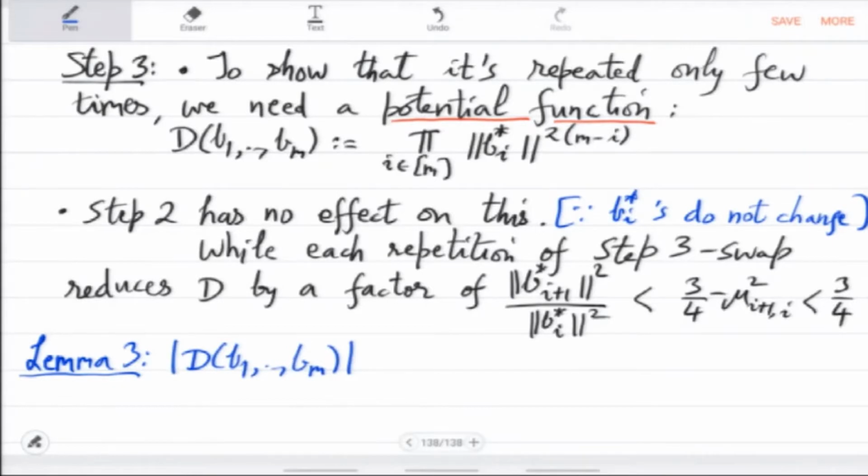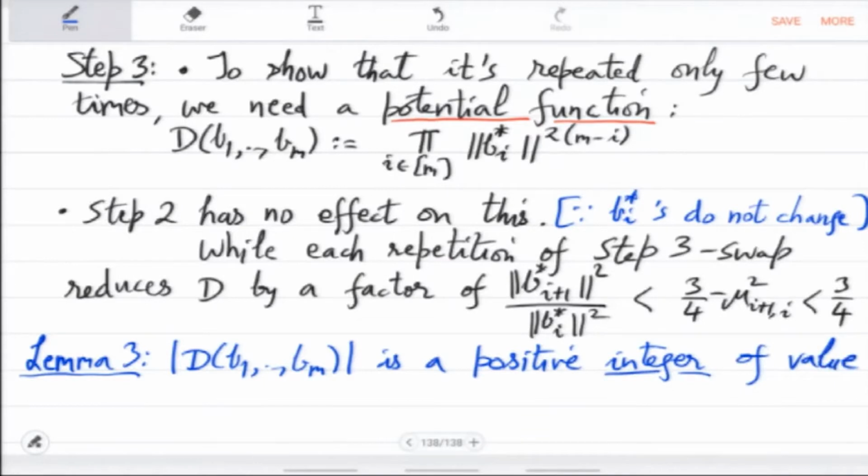The magnitude of D is a positive integer of value less than 2 raised to O tilde n raised to 5L. Okay, n was the ambient dimension that you started with of the lattice or the vectors.